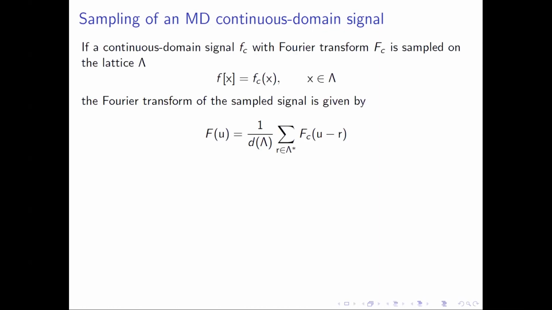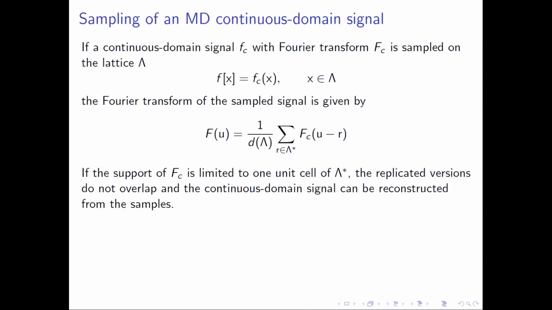More precisely, the Fourier transform of the sample signal is given by the sum of the continuous domain Fourier transform shifted to all points of the reciprocal lattice lambda star and scaled by 1 over the determinant of the lattice. If the Fourier transform of Fc has support limited within any unit cell of lambda star, these replicas do not overlap, and the continuous domain signal can be reconstructed from the samples.